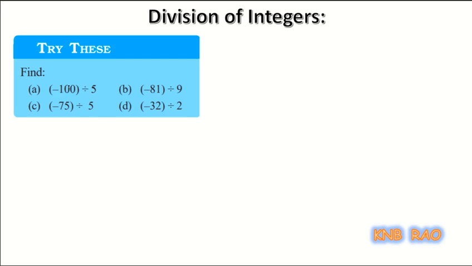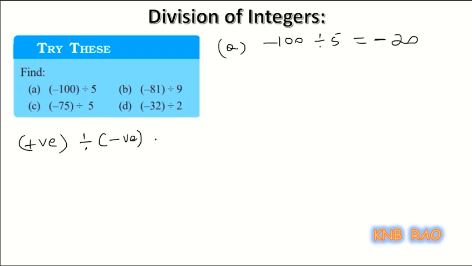You know, when minus 100 is divided by 5, we will do it as 100 divided by 5 gives 20, and we need to put just a minus sign. Why? Because when a positive integer is divided by a negative integer it gives you a negative quotient.